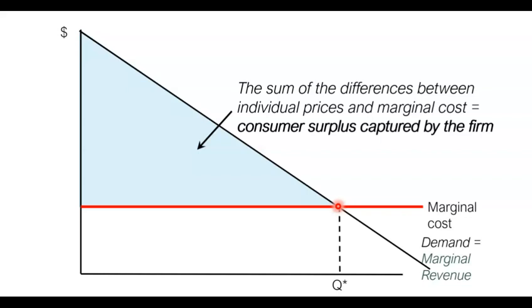Another feature of this situation is that the demand curve actually reflects the marginal revenue that the sellers are getting. That's true because in order for a seller to sell a little bit more, now they don't have to lower the price on what they were selling before, as they did in the case where there was only a single price.